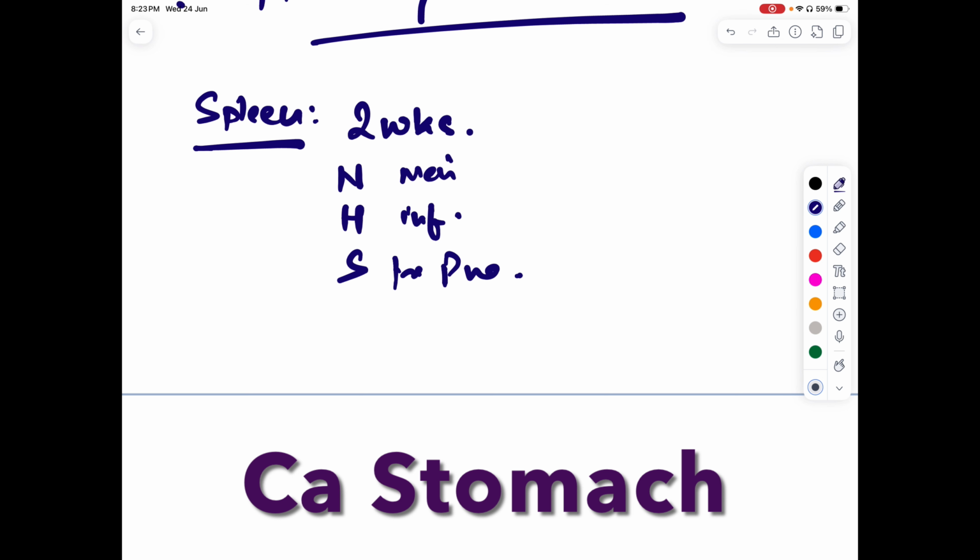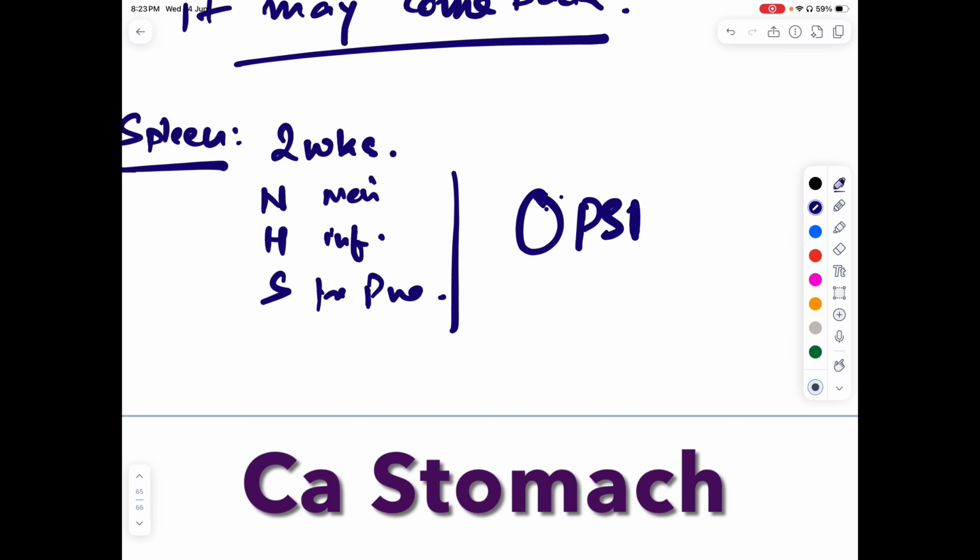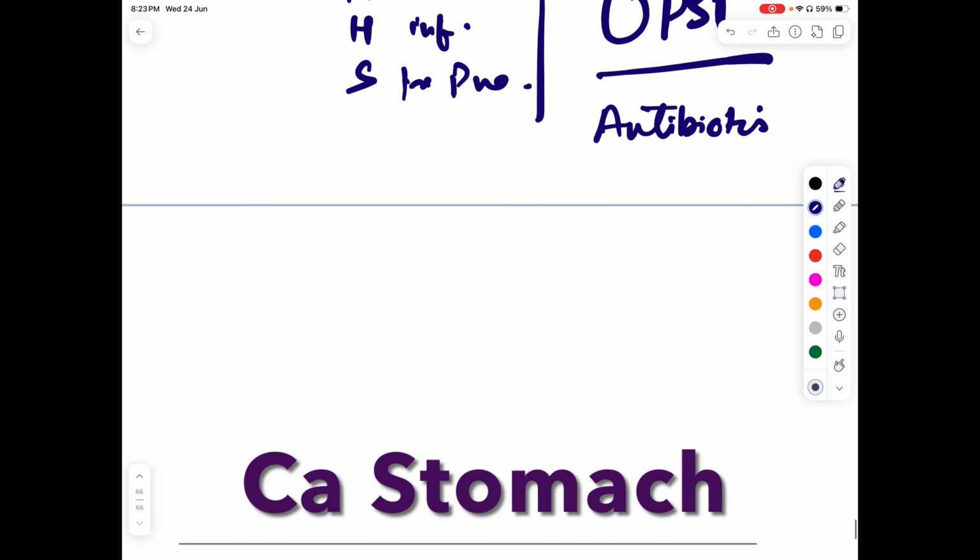For this you have to give a vaccine to prevent opportunistic infections. Prophylactic antibiotics, again to prevent post-splenectomy infections. So you have to give antibiotics. Then influenza vaccine yearly. 4 important risk factors.